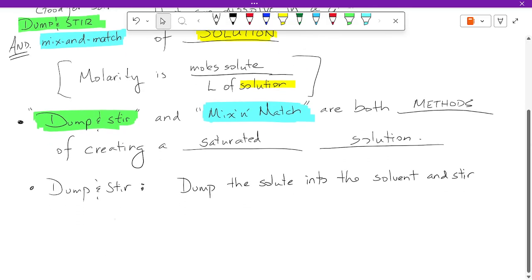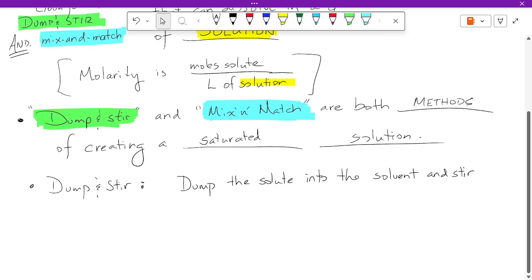Until they dissolve. Repeat until a precipitate. Not until a precipitate forms. How would you know you are saturated?